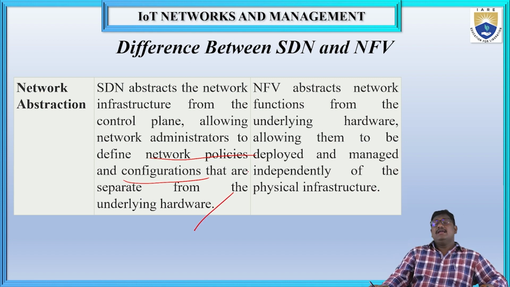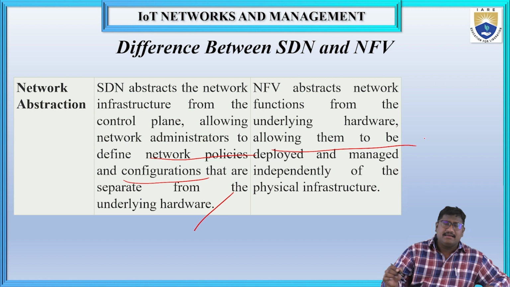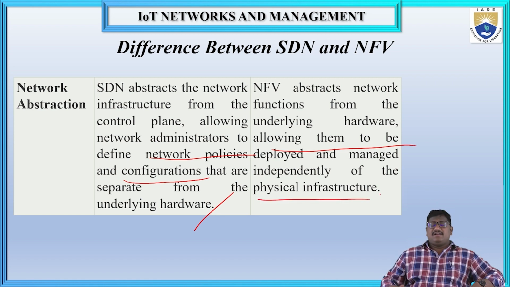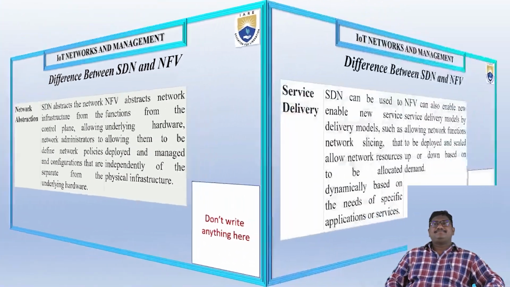Whereas in NFV, how will the network abstraction be done? Here, by using NFV, we are allowing what things have to be deployed and managed independently of the physical infrastructure. This is how the network abstraction will be done here.